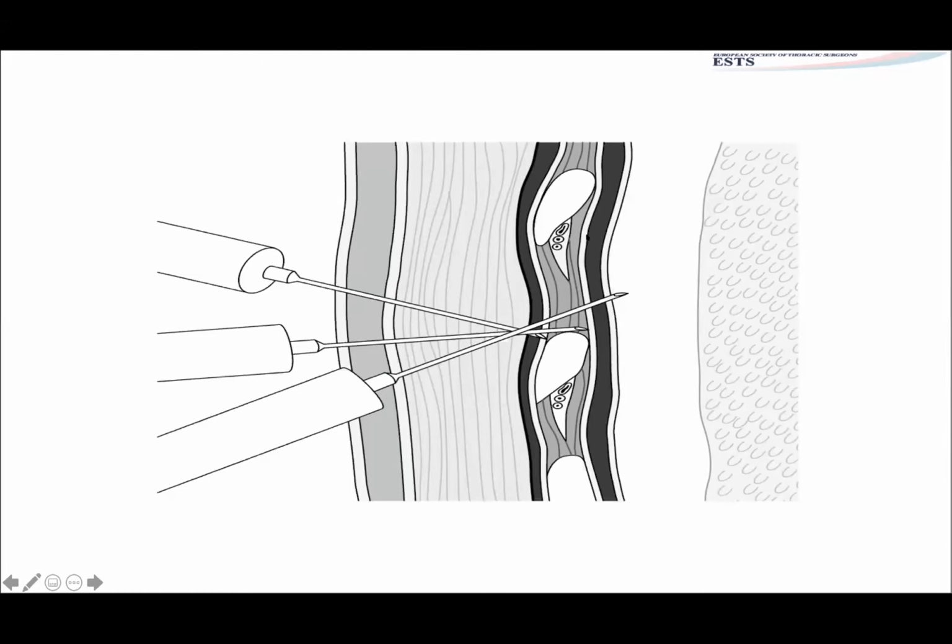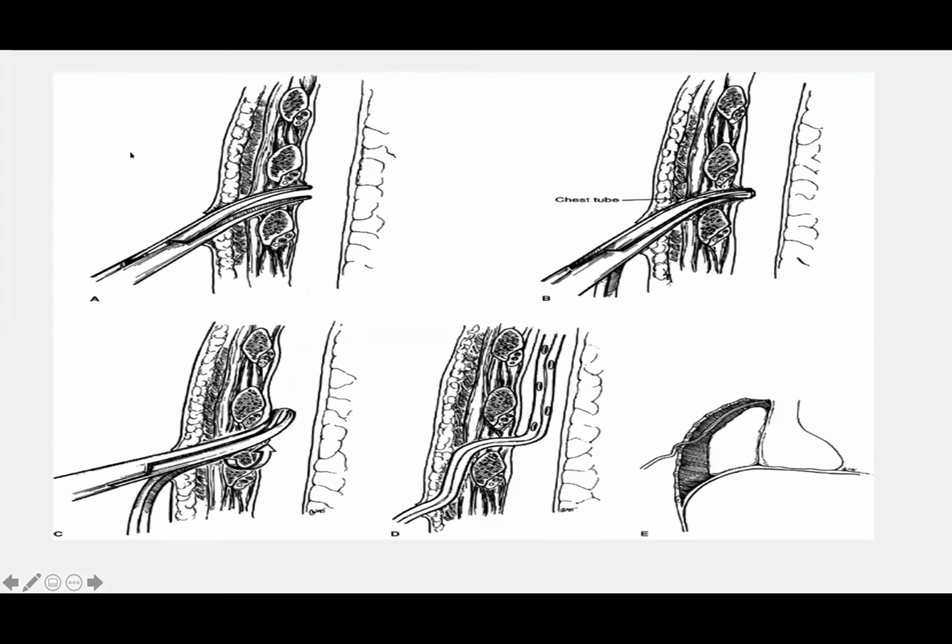Okay, so then after that, one of the important things, you have to make sure that your dissection is going above the lower rib of the intercostal space that you are going to insert.